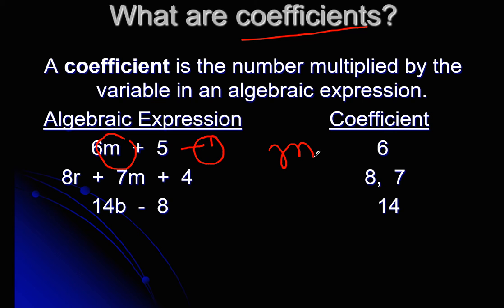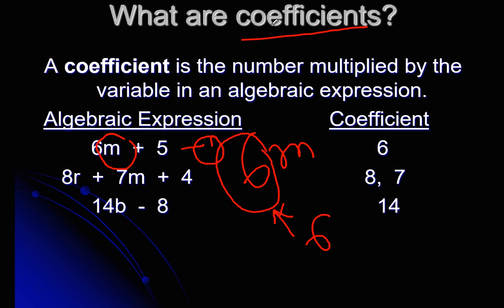Along with m, the number multiplied with the variable is 6. So 6 is the coefficient.